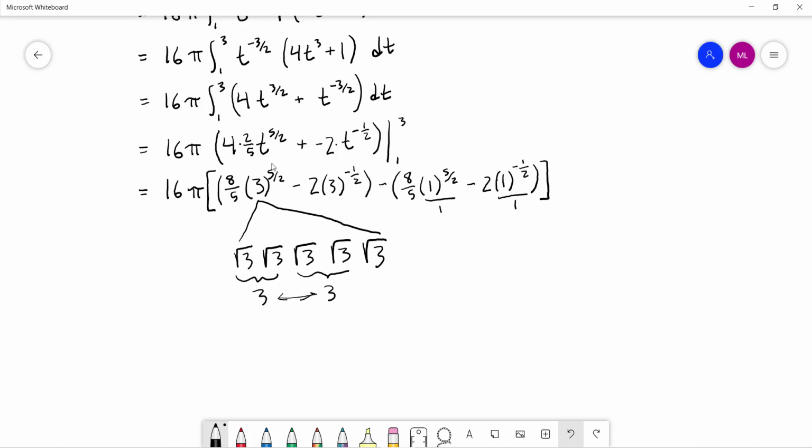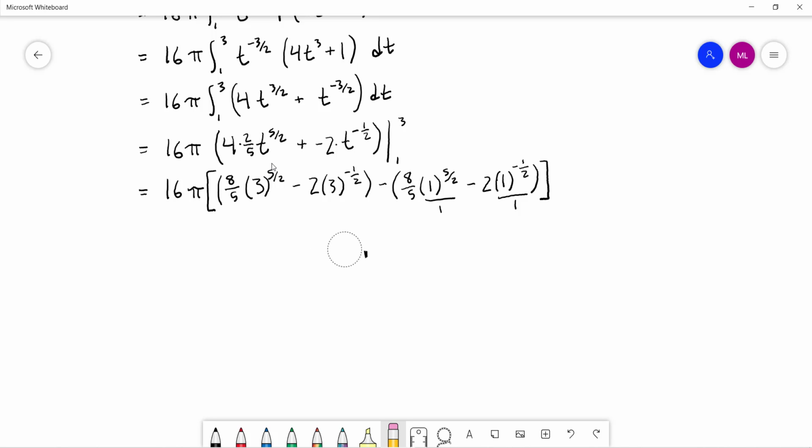Oops, let's erase this. Root 3 times this 8/5. And over here, we're just going to get a 2 over root 3 minus 8/5 plus 2.